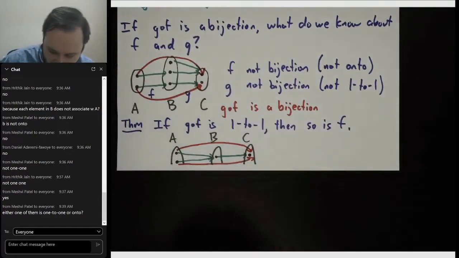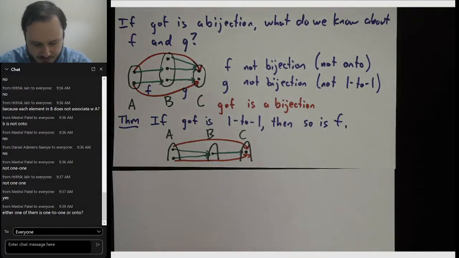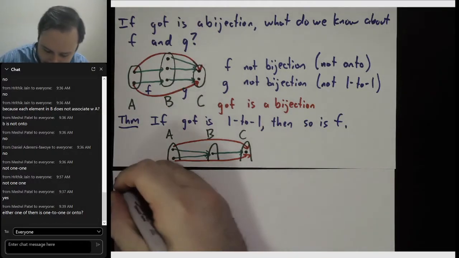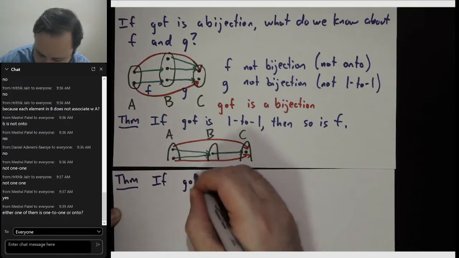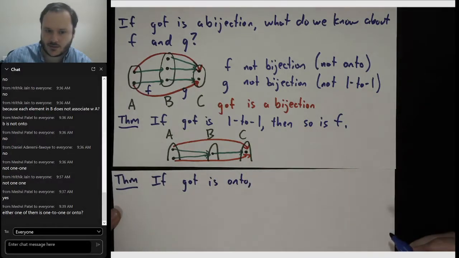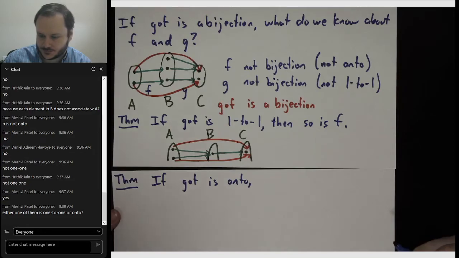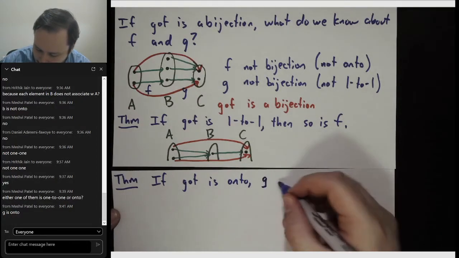And so what do we think about onto? If G composed with F is onto, then what do we know? Then G has to be onto.